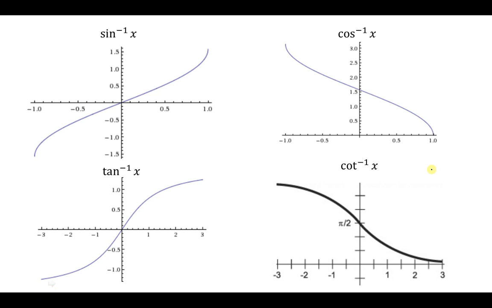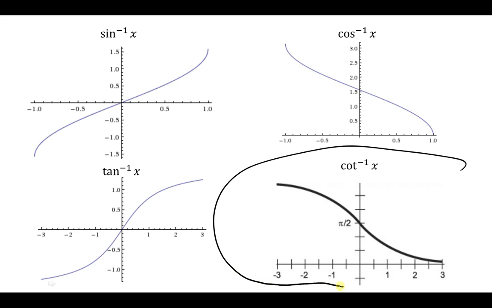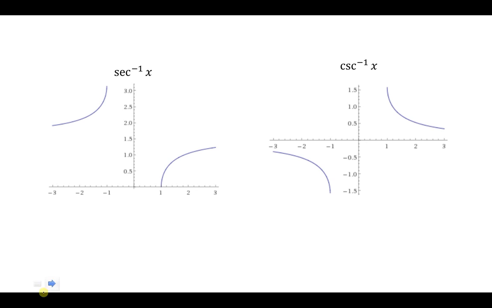And what we see down here is one of the alternate versions of the inverse cotangent function. And then we see the inverse sine, inverse cosine, and inverse tangent. And finally, we see the inverse secant function and the inverse cosecant function.